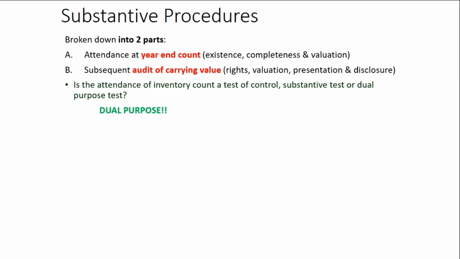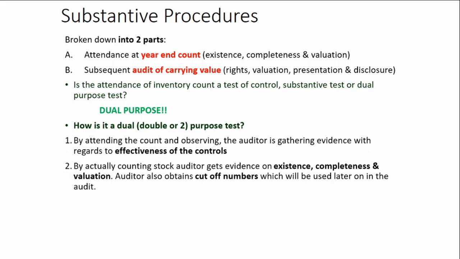So this is why we call the attendance of a stock count actually a dual purpose test. Dual purpose means it falls into tests of control as well as tests of detail, right? So it's two types of tests in one. So it's a very valuable part of the audit work because it gives us a lot of information. So this is why we say that it's so critical for the auditor to be there.